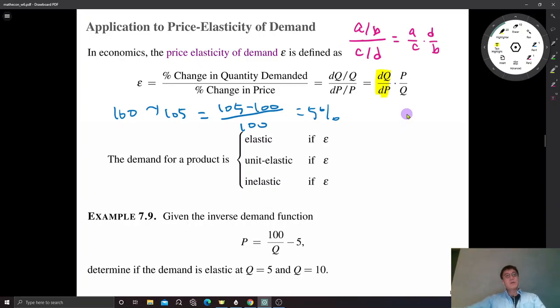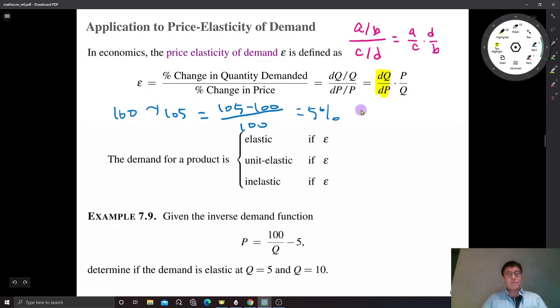That is the so-called law of demand. Of course, there are some exceptions, the so-called Giffen goods, for which price and quantity move in the same direction. But ruling out some very rare cases, for most goods, price and quantity demanded move in opposite directions. So the sign of the derivative dq over dp is going to be negative.